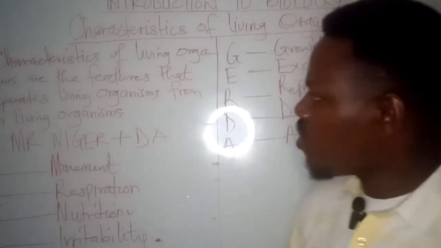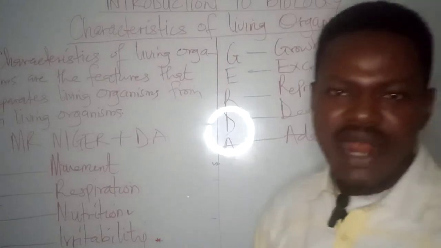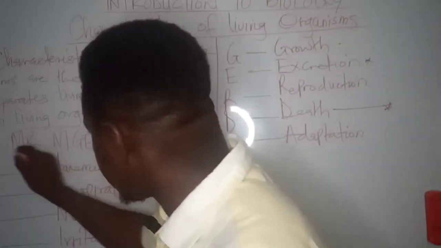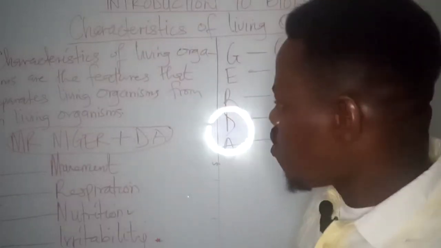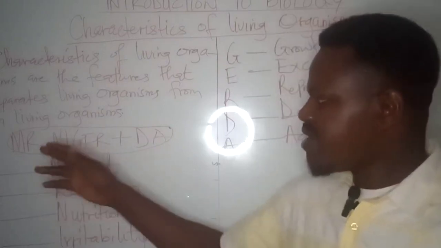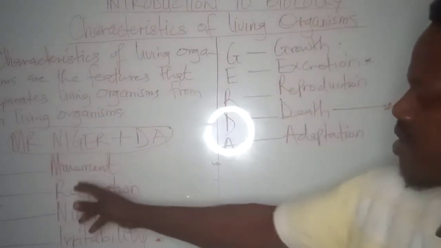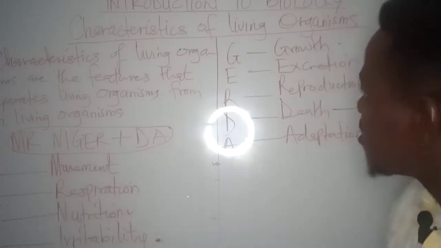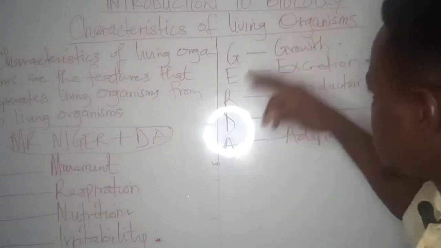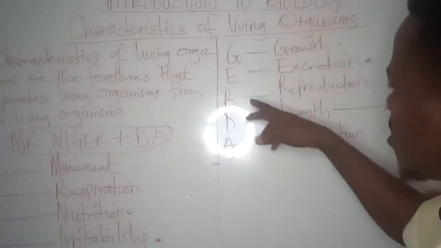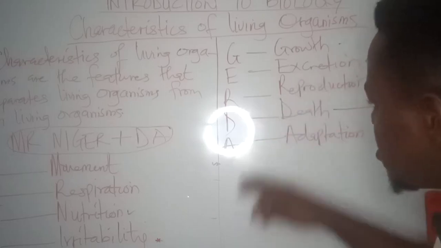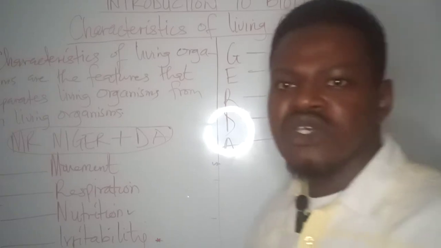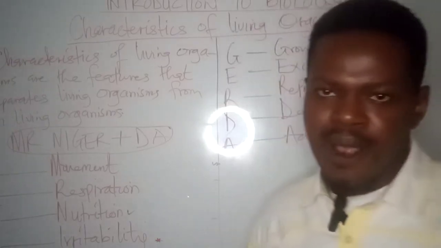And I said that all these features can be summarized with the acronym Mr. Niger plus DA, where M means movement, R respiration, N nutrition, I irritability. We have G standing for growth, E excretion, R reproduction, D death, and A adaptation. So that will be all for today.